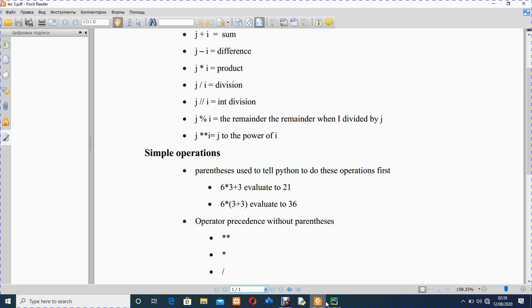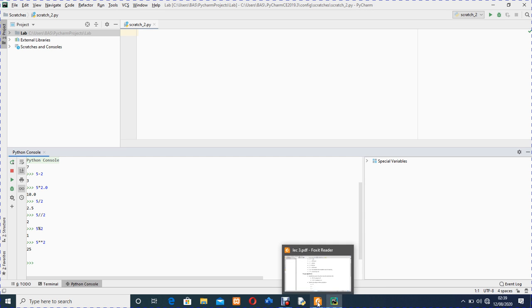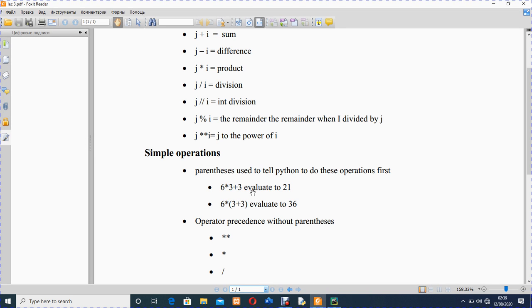Raise to power: 5 star star 2, your result is 25. 5 to the power of 2 equals 25. So I'm done with the first step.